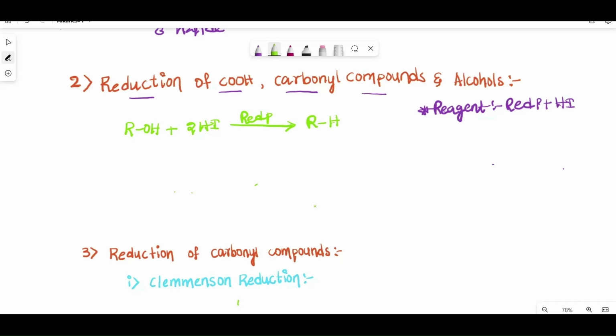And let's see one example for a carbonyl compound. Let's take one ketone, C double bond O, R dash. So it takes 4 moles of HI and in the presence of phosphorus, you will get R dash alkane.